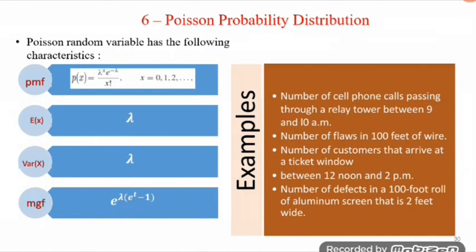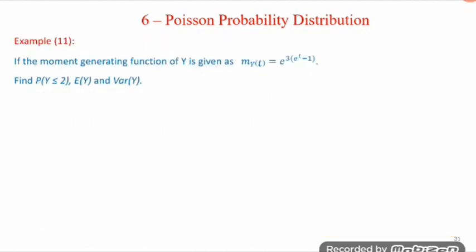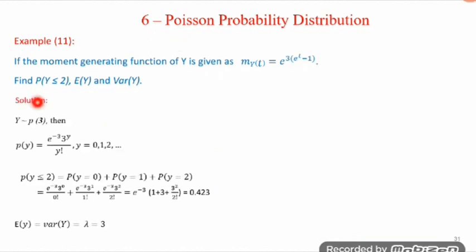So we can consider this random variable as a Poisson of parameter lambda equal 3. So the probability mass function is computed by this formula, and this represents all possible values of Y.